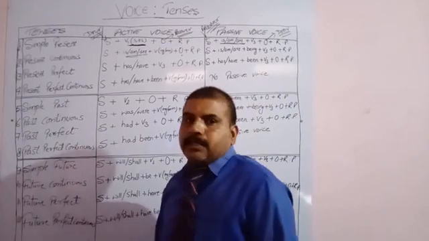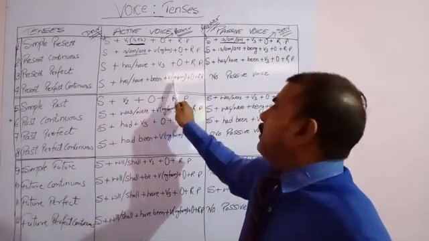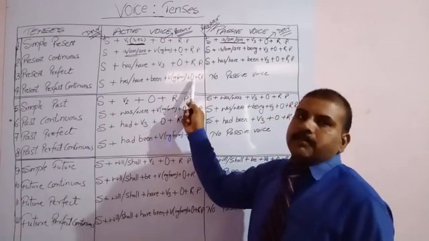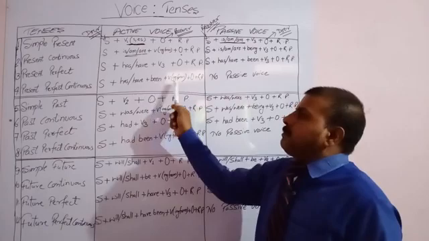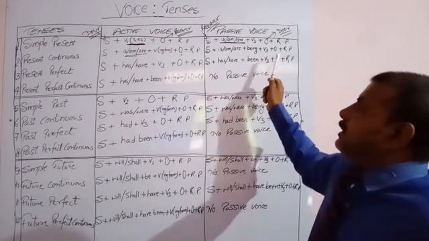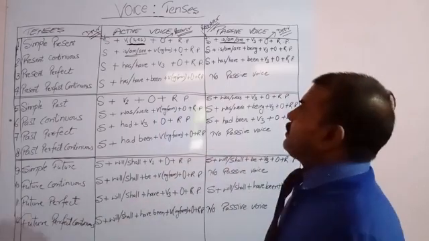Present perfect continuous: subject, has or have been, then verb ing form, object meaning receiver of the verb, remaining part. And for present perfect continuous tense generally we say there is no passive voice.